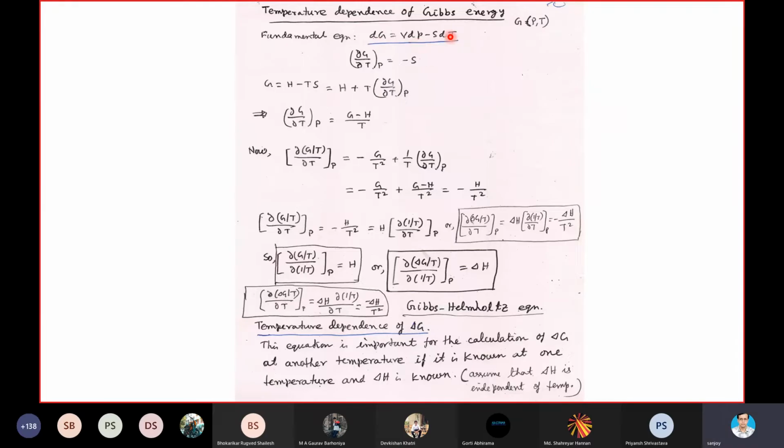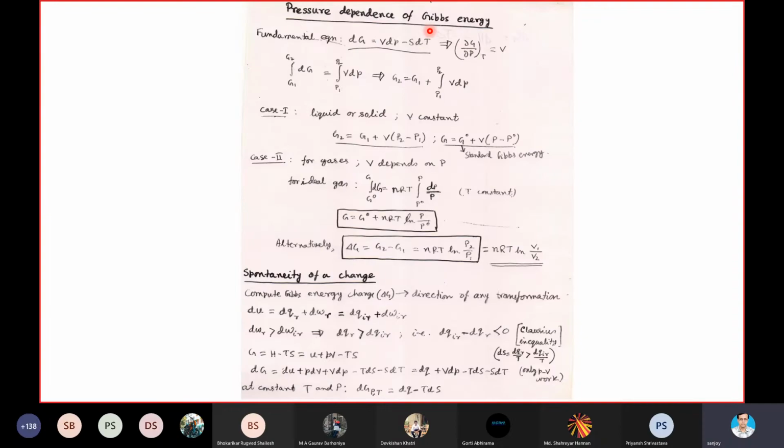Then we have to keep the temperature constant, that is, carry out the process isothermally. That means we can also find the pressure dependence of Gibbs energy. So let us see how.